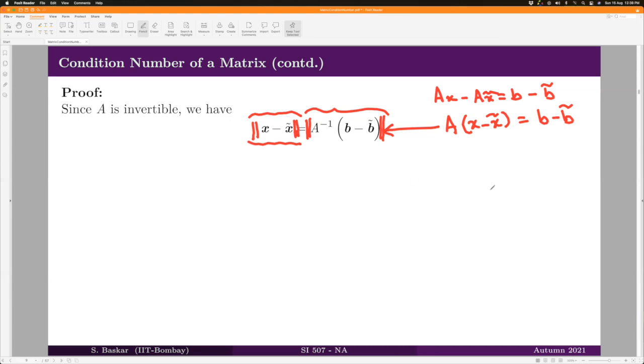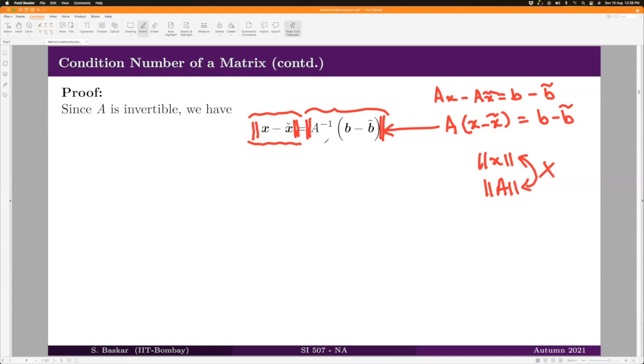Just because the notations are the same, don't think that this quantity and this quantity share the same formula. No, they have entirely different formulas, but notationally they are represented in the same way just for notational convenience, with the hope that there is no confusion in this. This is just a remark. Let us continue with our proof of the theorem.